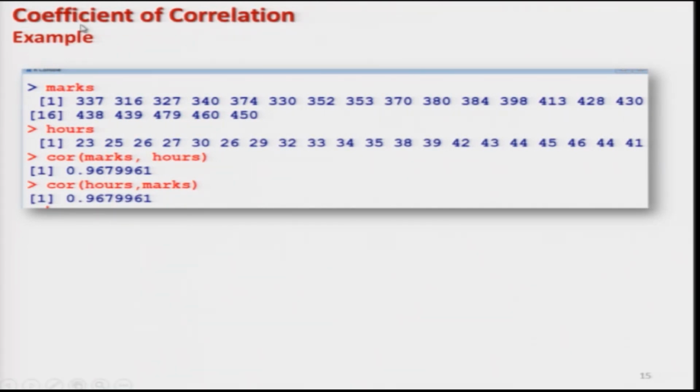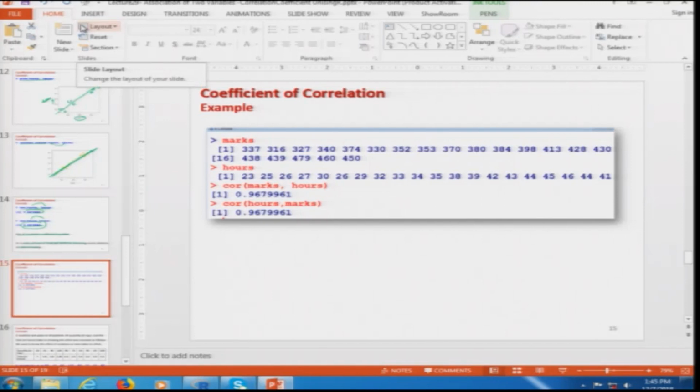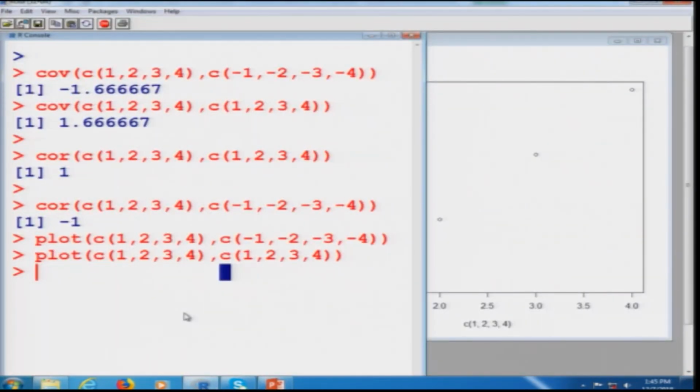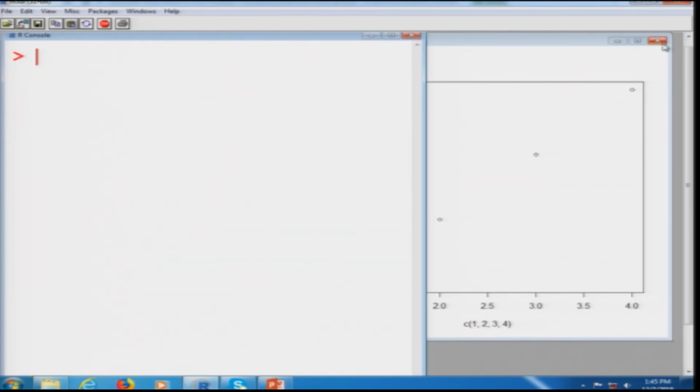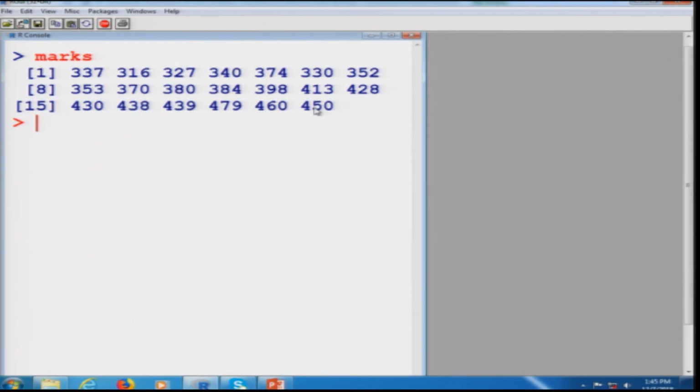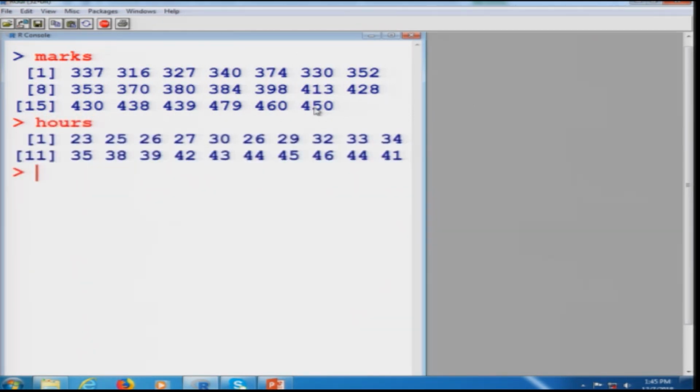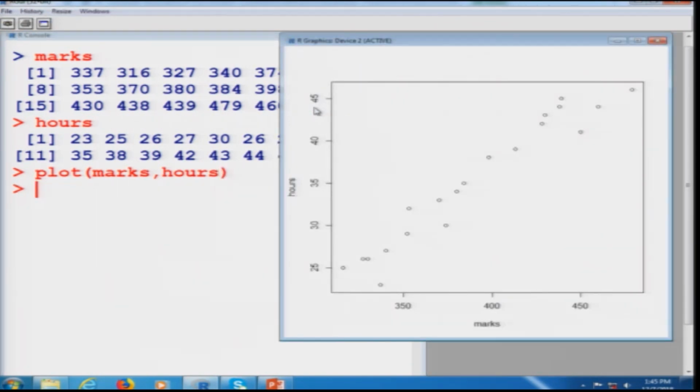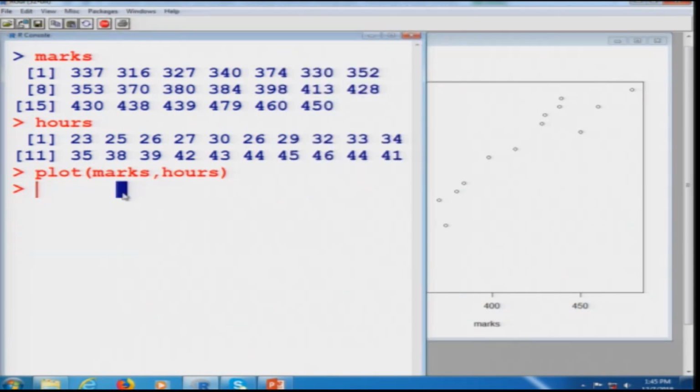I will try to show you this on the R console also before I take one more example of the negative one. I already have stored the data. So, you can see here this is the data for marks, and this is the data for hours. If I first try to plot marks versus hours, or hours versus marks, whatever you want, this gives you a nice scatter plot indicating the linear trend.